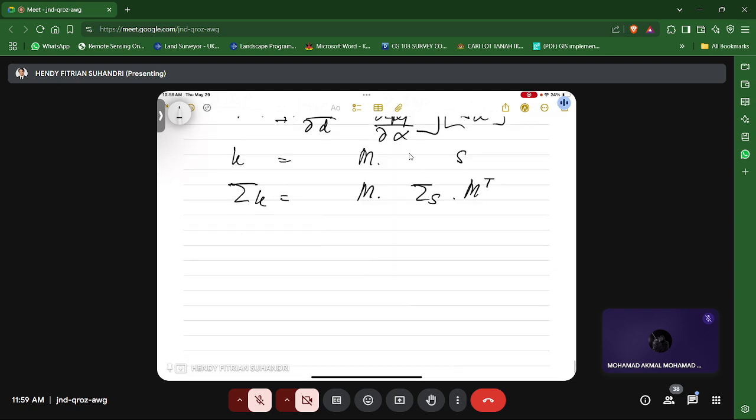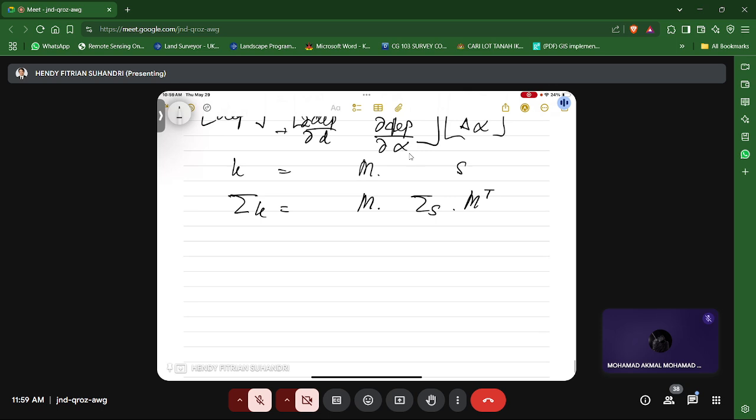So apa yang kita dapatkan? Sigma latitude square, sigma departure square. Ini adalah covariance daripada latitude and departure. Ini juga covariance latitude departure. Apa korelasi dia, hubungan dia.